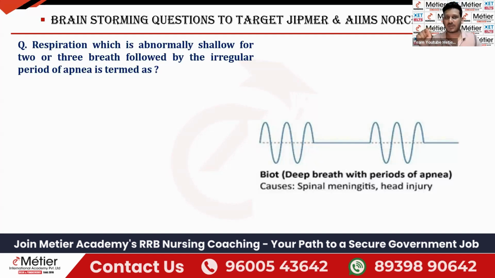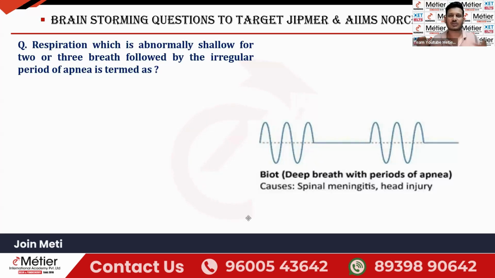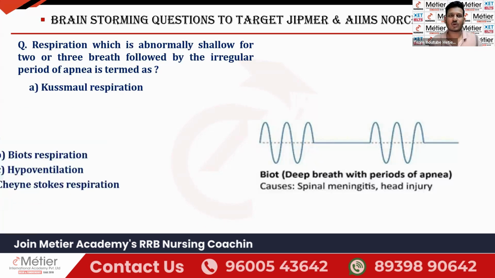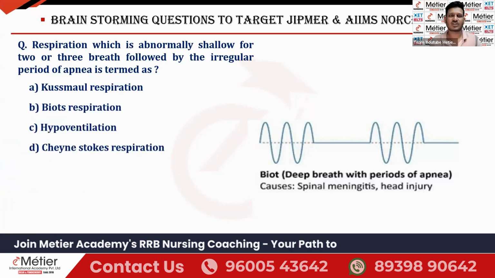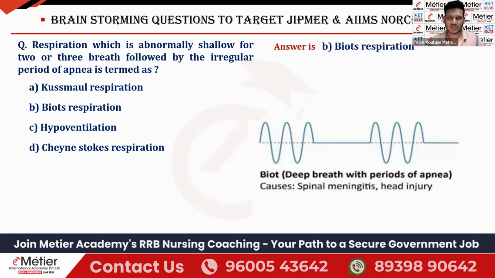Apnea means there is no respiration. So what condition is this? They have given 4 options: Kussmaul respiration, Biot's respiration, hypoventilation, Cheyne-Stokes respiration. The right answer is option B, Biot's respiration.